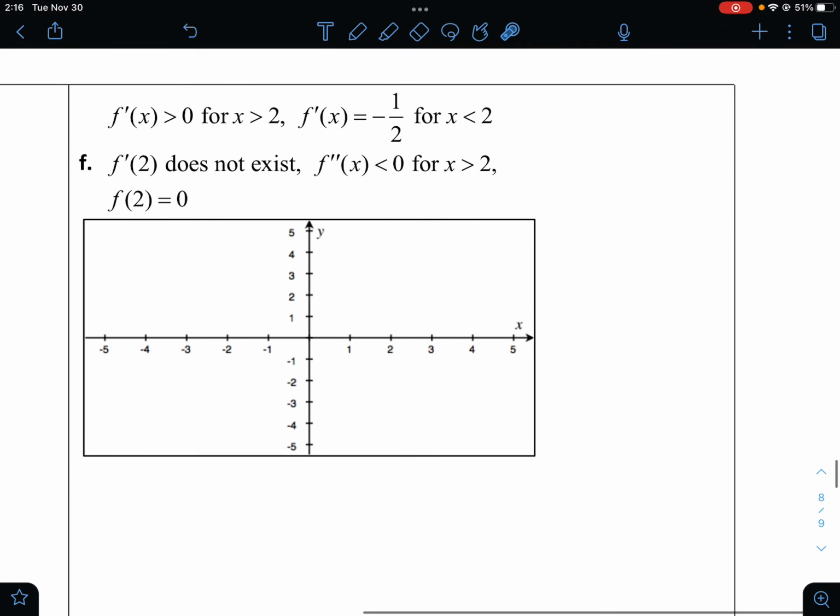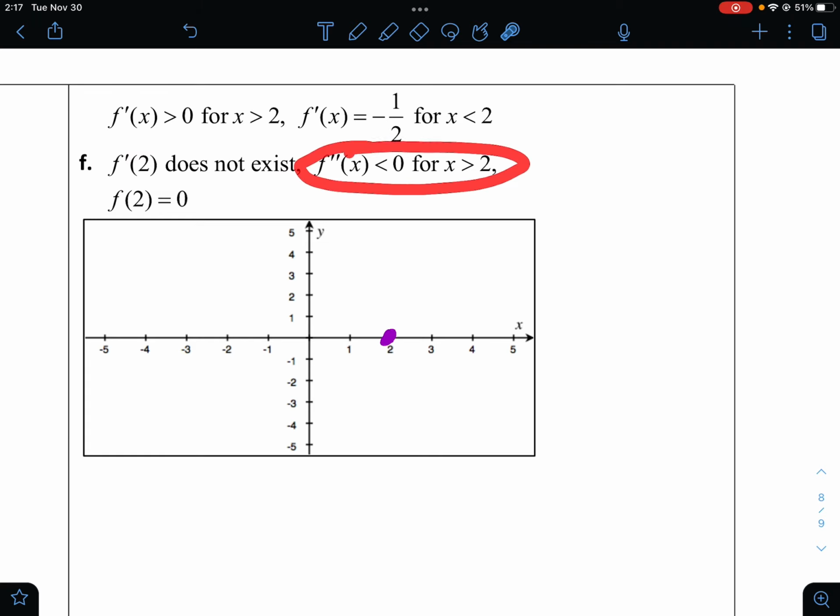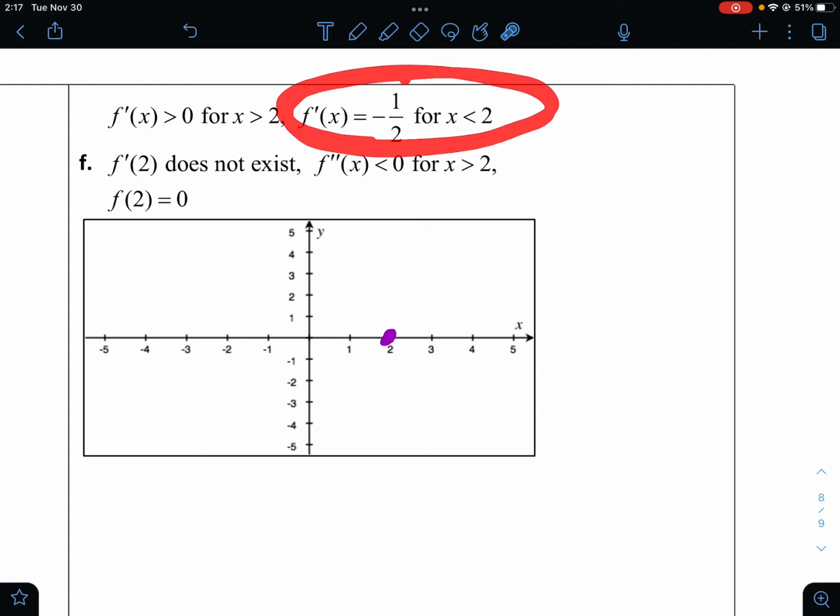All right, last one here. We know f of 2 is 0, so 2 comma 0. Increasing to the right of 2. Okay. It's always negative 1/2 to the left of 2. The derivative doesn't exist at 2. And we're concave down to the right of 2. So this tells us that this is going to be a line to the left of 2 with a slope of negative 1/2.